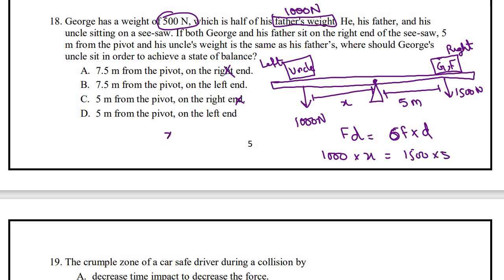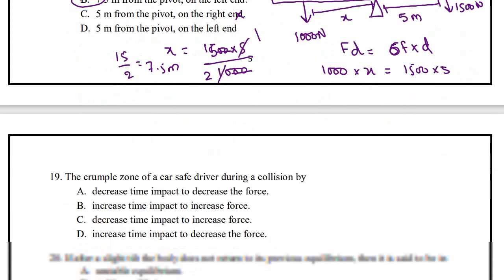So to find x, 1500 multiplied by 5 divided by 1000. So these two zeros and two zeros will be cancelled out. 5 1s are 5, 5 2s are 10. So 15 divided by 2, that is 7.5 meters left of the pivot. So the correct answer is option B.